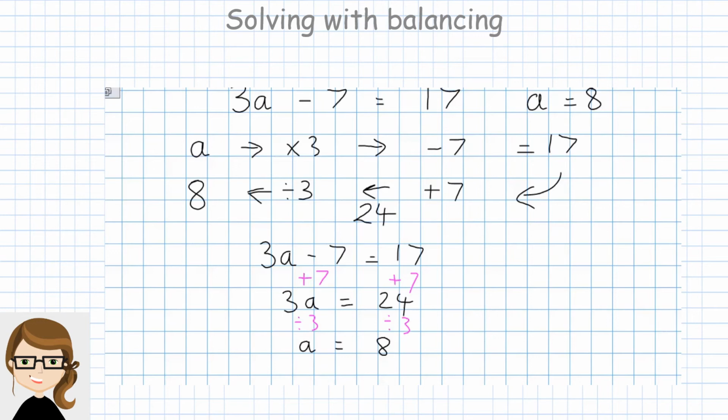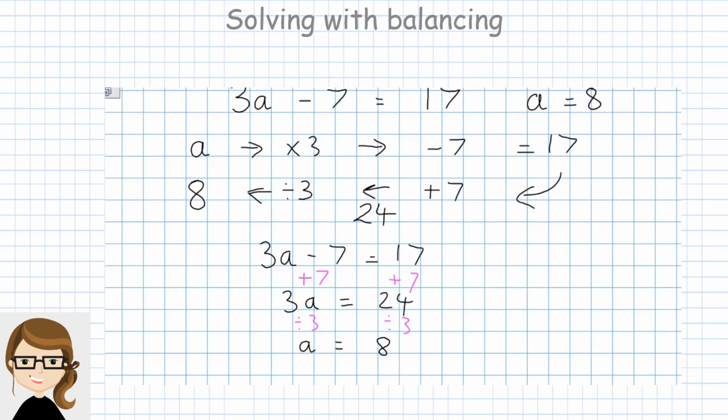So I've got 3a minus 7, so I know I've got to add the 7 first because I'm undoing it in the reverse order. Because with BODMAS, remember, you divide and multiply first and then you add and subtract. So to solve an equation, we're undoing, we're using the inverse, so we actually solve it in the reverse order.